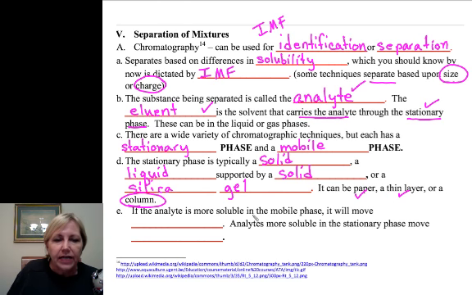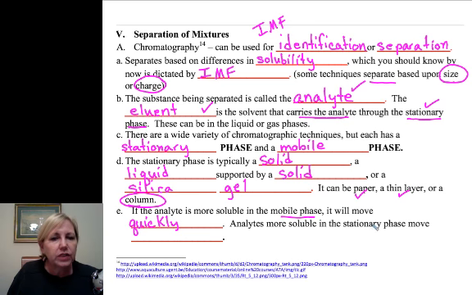Now, if the analyte is more soluble in the mobile phase, it's going to move quickly. Those things that are less soluble in the mobile phase will move slowly.